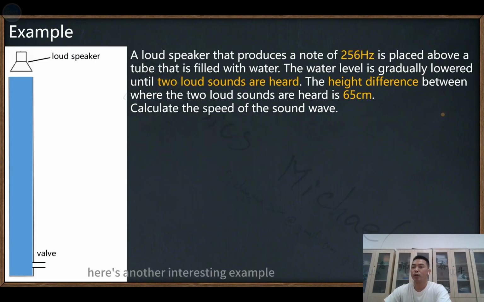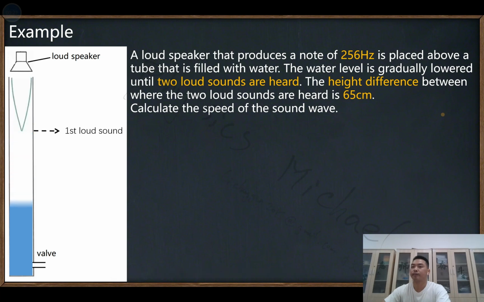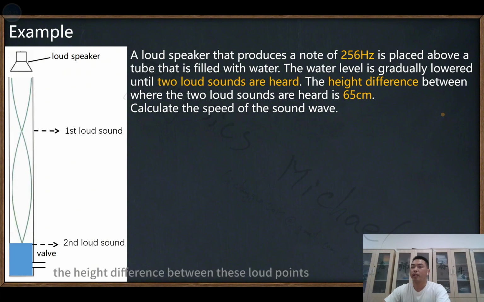Here's another interesting example. We place a loudspeaker that produces a 256 Hz sound above a water-filled tube. As we lower the water level, we hear two loud sounds when stationary waves are formed in the tube, just as shown in the figure. The height difference between these loud points is 65 centimeters. We need to calculate the speed of sound in air again.